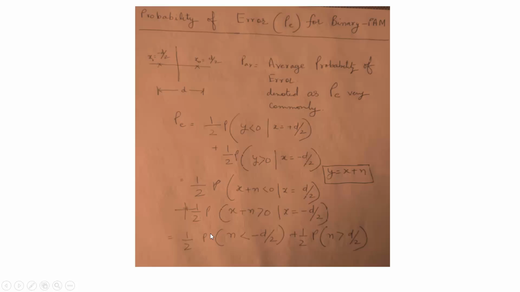We went on with the calculations, and we found that the probability of error is given by either probability n greater than d by 2 or probability n less than minus d by 2. This can be defined as an integral going from d by 2 to infinity of 1 over under root 2 pi n naught by 2 times e to the power minus x square over n naught, since n is Gaussian with zero mean.